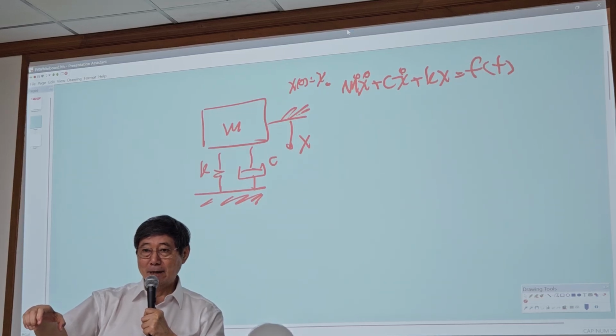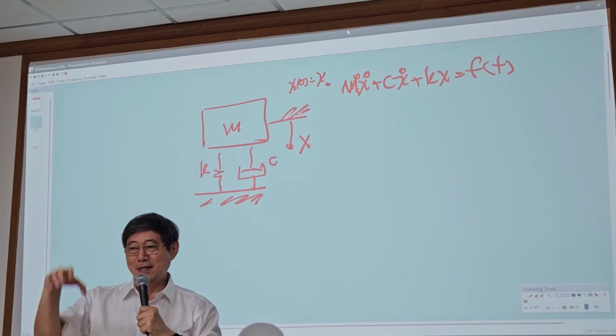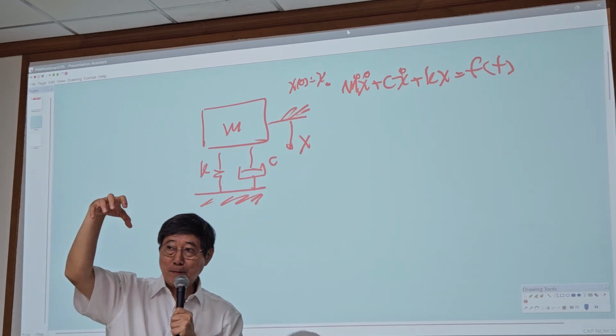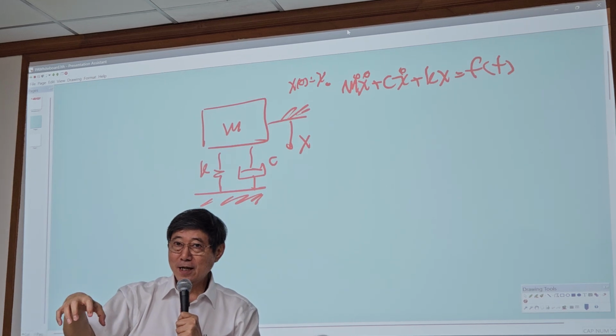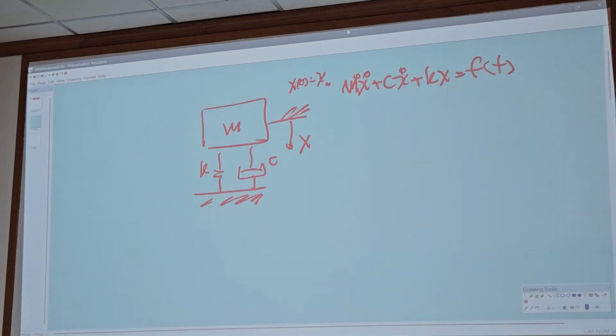If I release my hand, what should it be? Suppose we press it down and I place it in this position.